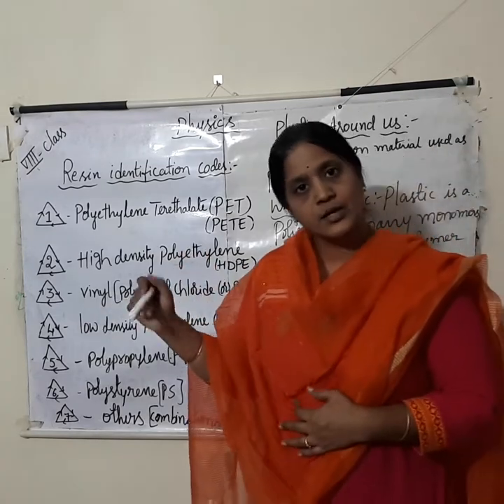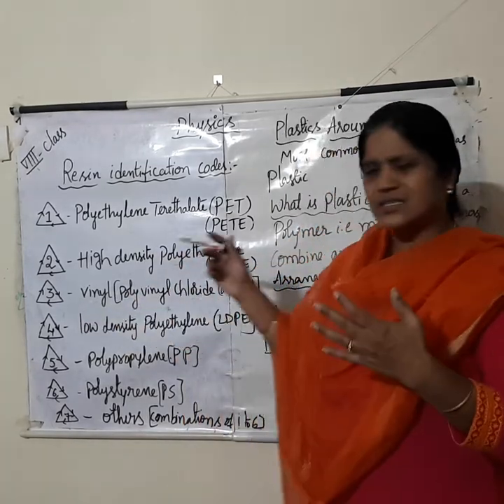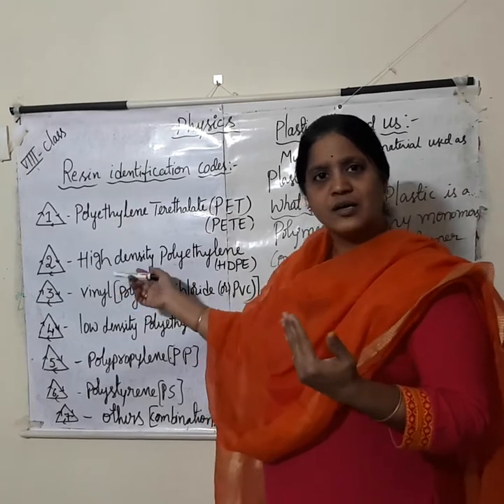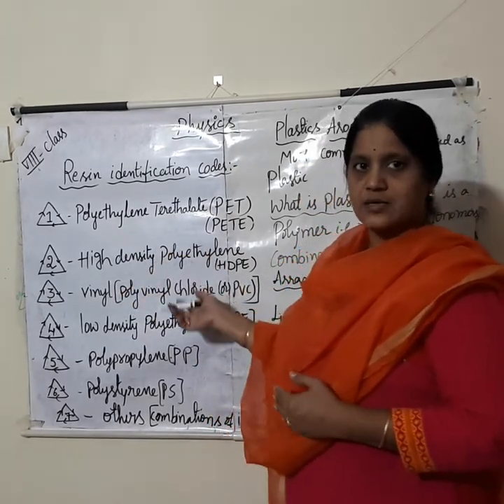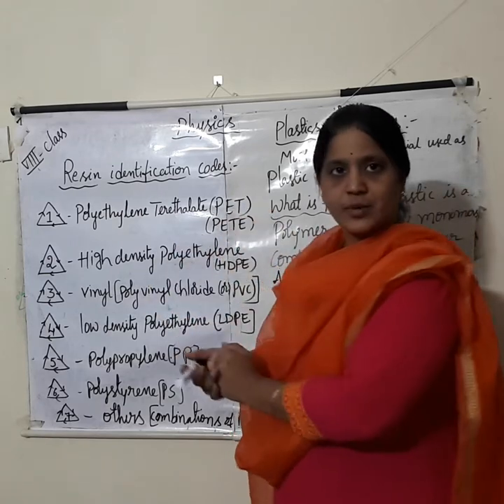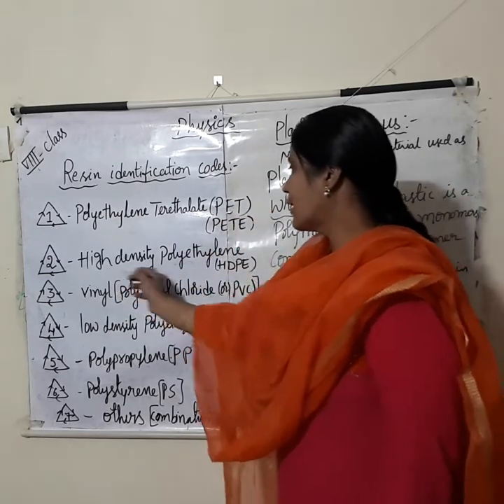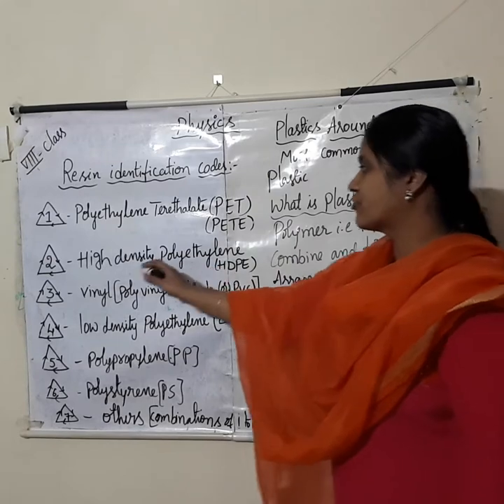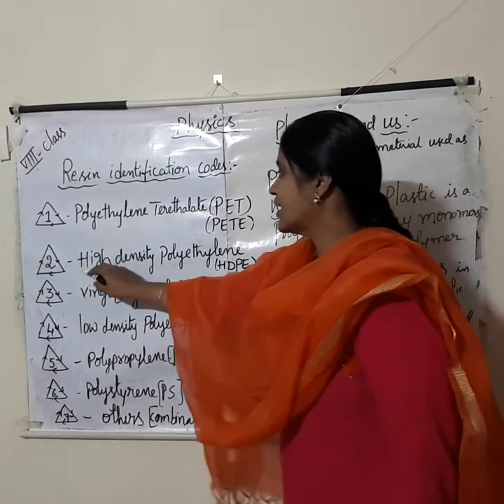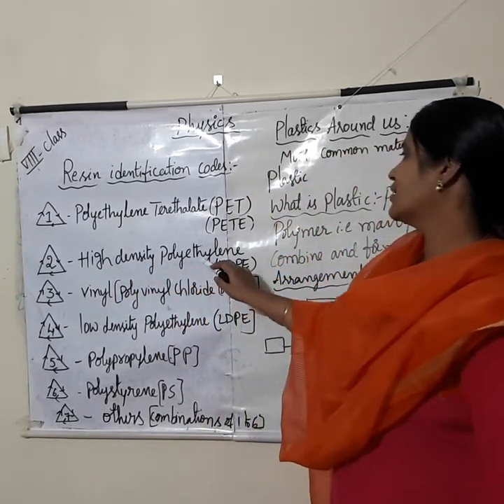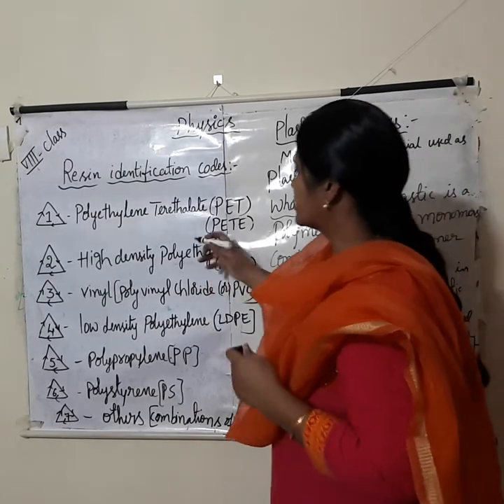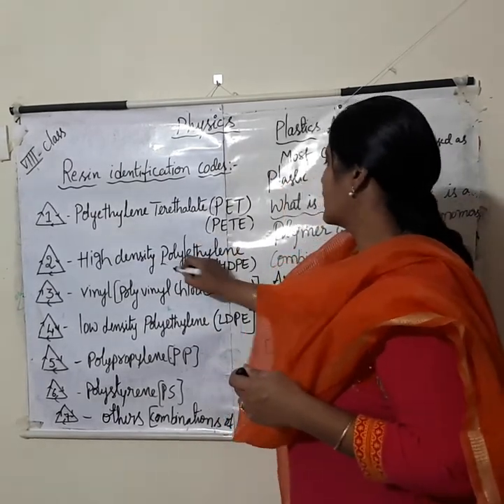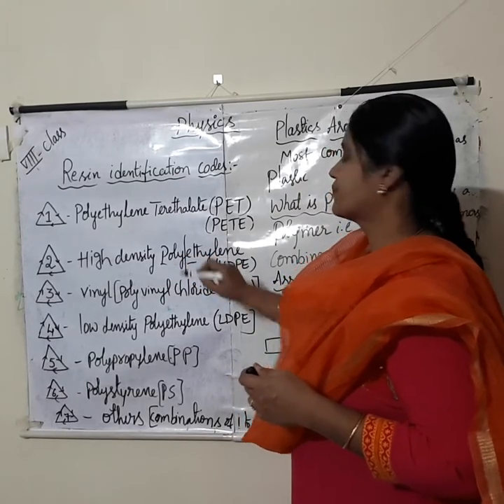These are the types of polymer combinations, and they are given different numbers. The shortcut for high density polyethylene is HDPE. You can split it like this: P and E.